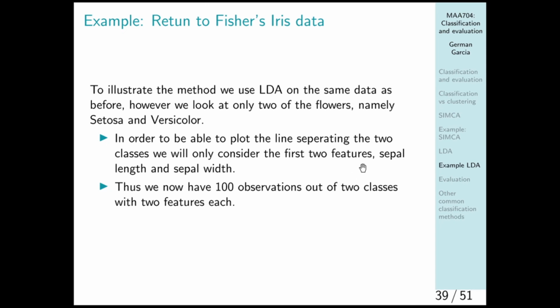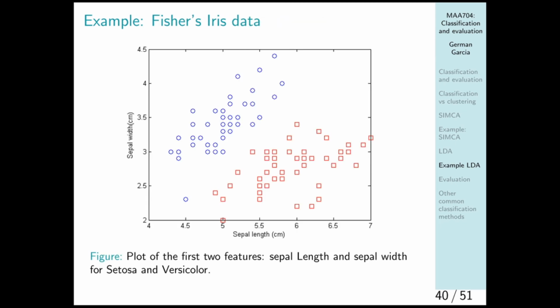In order to be able to plot the line separating the 2 classes, we consider the first 2 features: sepal length and sepal width, which are the ones we are working with. Now we have 100 observations out of 2 classes with 2 features each. This is the graph for it. Look at this point. It's an outlier. It's going to give us problems, but we will get there.